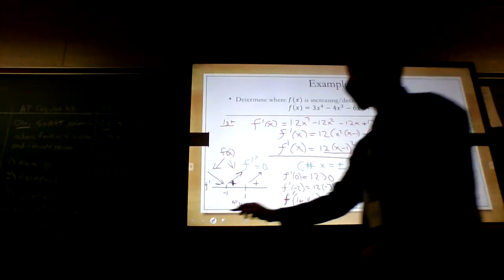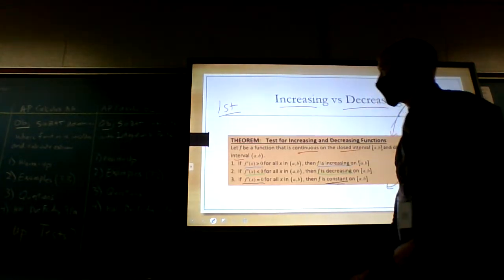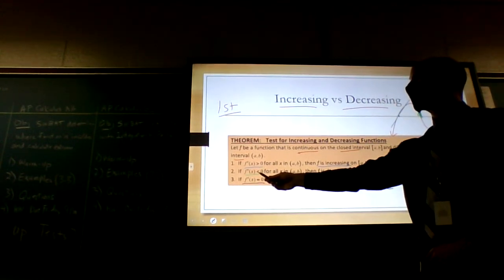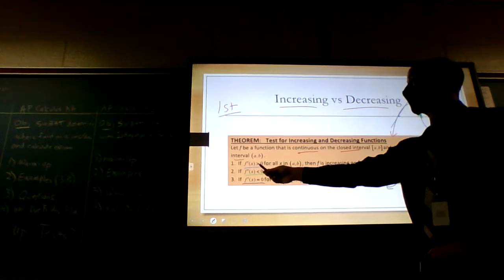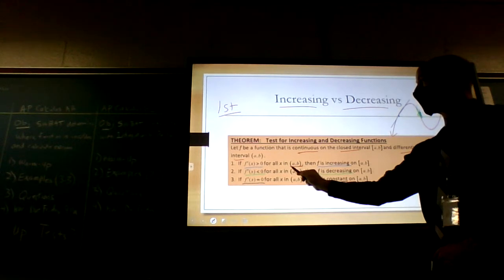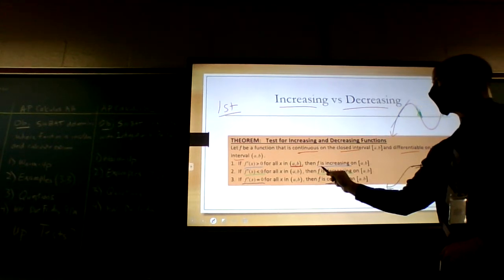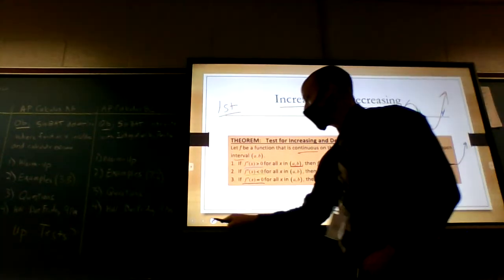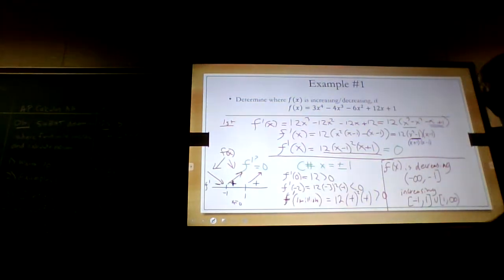So again, if we go back to the theorem, it says that if the function is, what are we doing, increasing on this part? Yeah, increasing. If f prime is greater than 0, which it is, on the open interval, then we can conclude that it's increasing on the closed interval. So this will work.